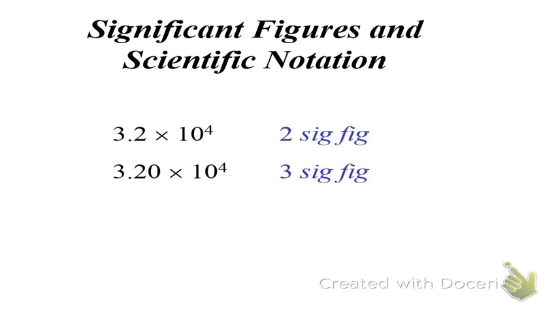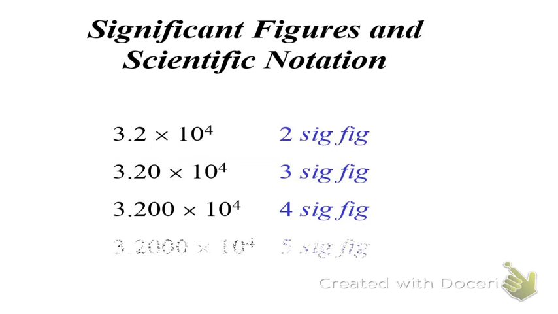Because we talked about non-zero, non-zero, and this one is significant because it's a trailing 0 after the decimal. Same idea with 4 sig figs. This gets a little odd. And 5 sig figs. That last one's kind of my favorite. 3.2000 times 10 to the 4th. You're like, really?